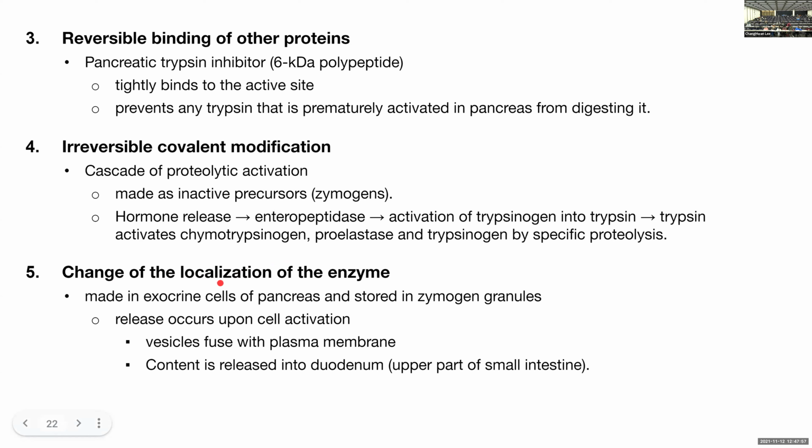And also changes of localization, as we talked about. There are different places where the zymogens are produced and where the actual enzymes work. These zymogens are trapped in granules once produced in the pancreas, especially in the exocrine cells, and then released upon cell activation again.